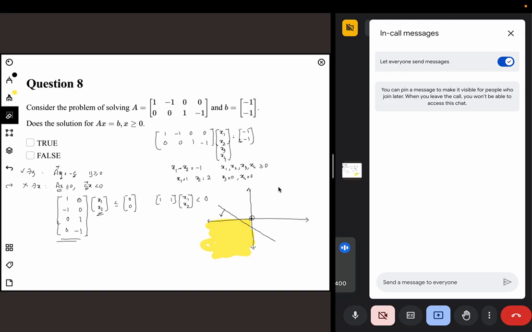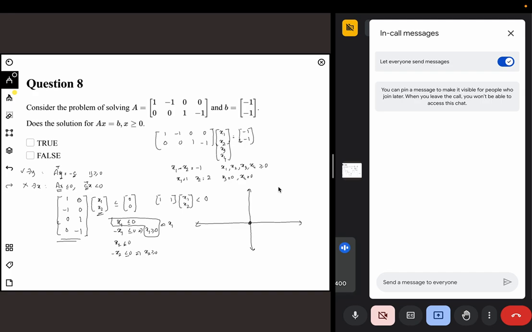Oh, sorry, I think I've drawn this incorrectly. One second. You just take the 2D and look at the constraints properly. The first constraint is x1 less than or equal to 0. The second constraint is minus x1 less than or equal to 0, which gives x1 greater than or equal to 0. I have to satisfy both, so only the origin will be the solution. Similarly, x2 less than or equal to 0 and minus x2 less than or equal to 0.